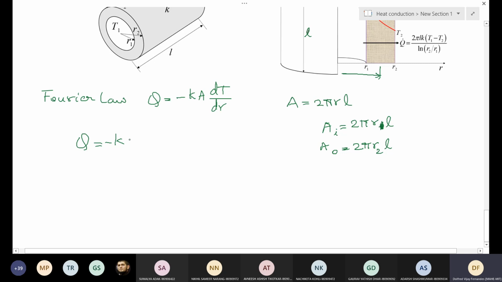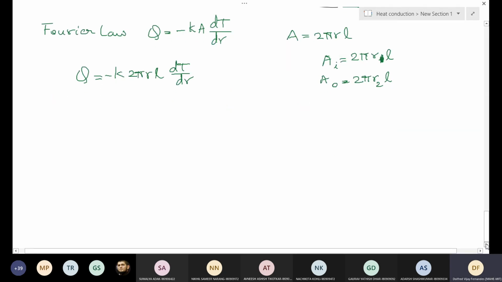Q equals minus k times 2 pi RL dT over dr. In the same way, separate the variables: bring the R and dr to the left hand side, so Q dr by R equals minus 2 pi kL, and the other thing remaining is dT. Integrate from where to where?